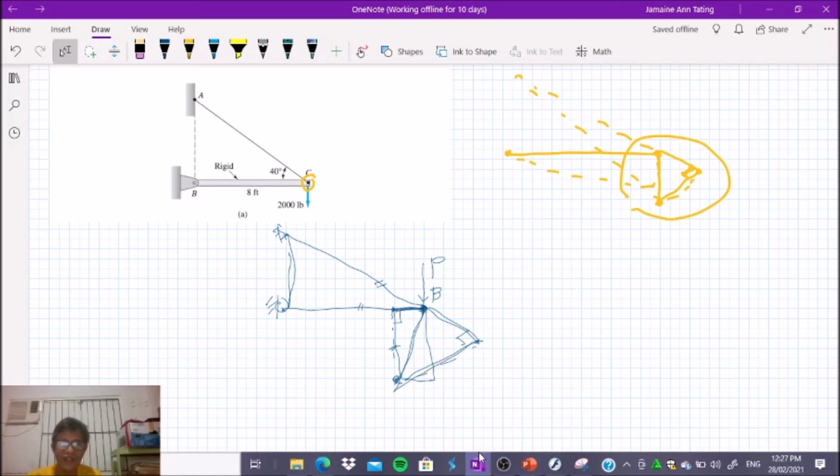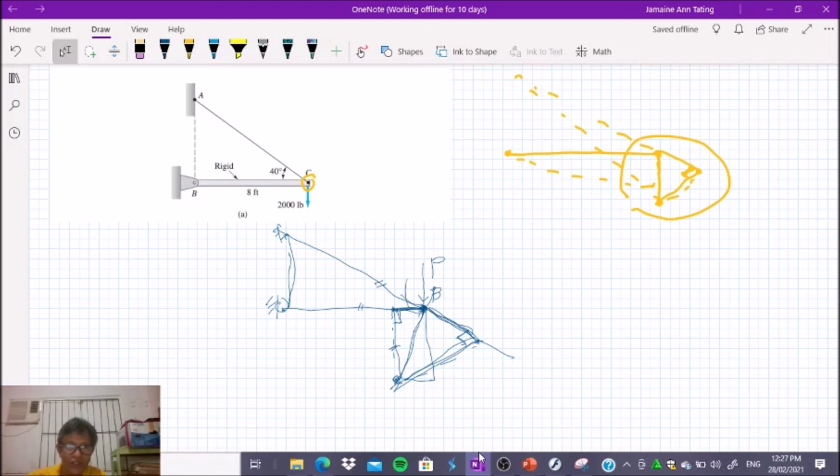Since ito, 90, then ito dire-diretso dyan, pag tinignan mo ito, perpendicular ito, dire-diretso ito, then 90 ito. So, ibig sabihin, kung itong line na ito is perpendicular dito, may makakuha kang angle dito.